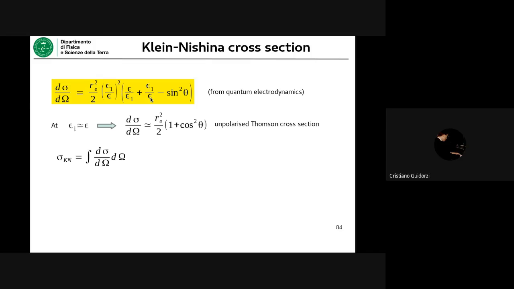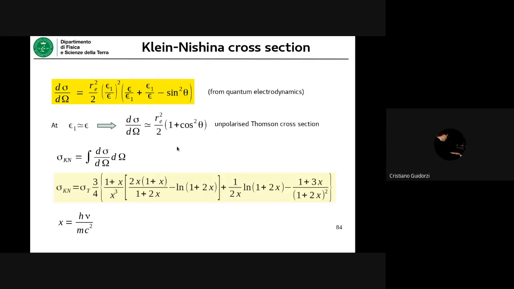Correspondingly, of course, if you want the total cross section, you just have to integrate the differential cross section over the sky. This is called the Klein-Nishina cross section, and the resulting total cross section is just the integral of the differential Klein-Nishina cross section.